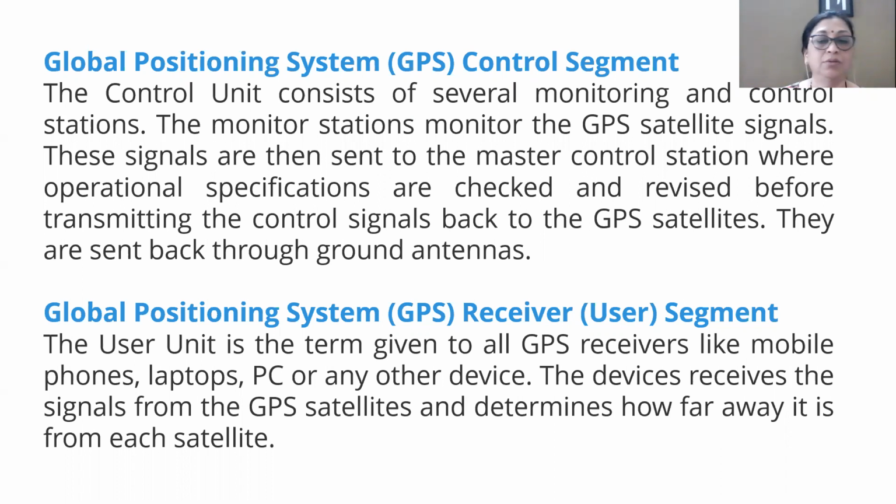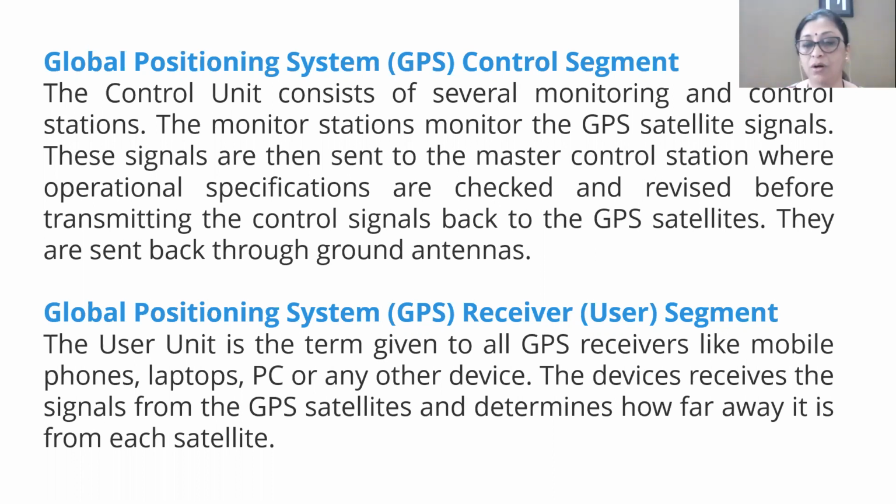These devices receive the signals from the GPS system and determine how far away that particular location is from each satellite. So the satellites are used to find the location in this way.